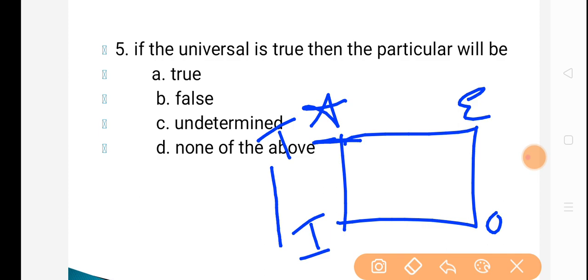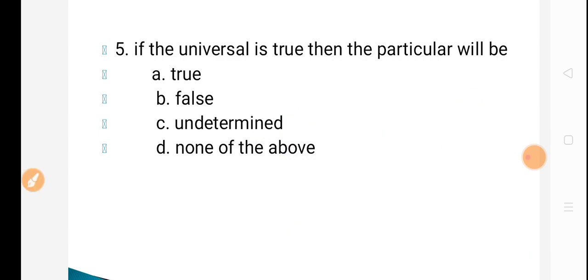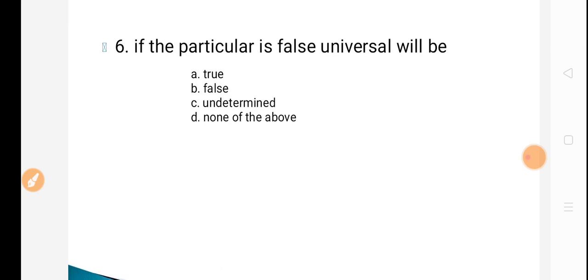What does its rule say? If the universal proposition is true, then the particular proposition also will be true. So here the answer is true. We are moving toward the next.